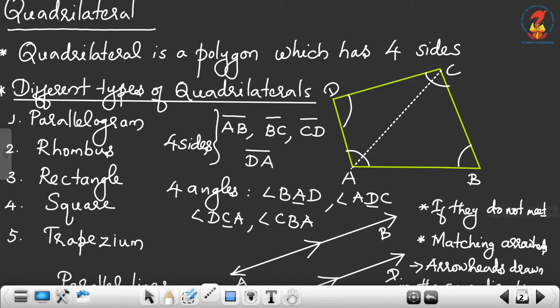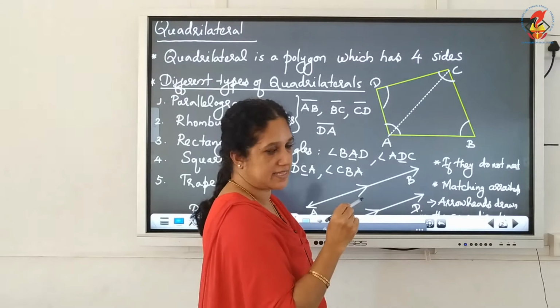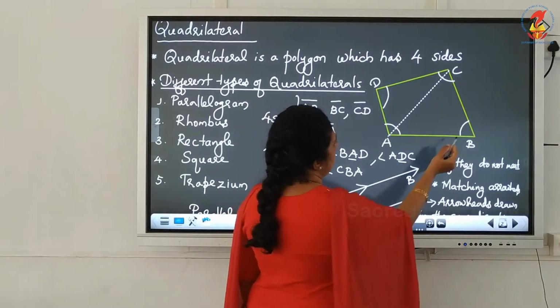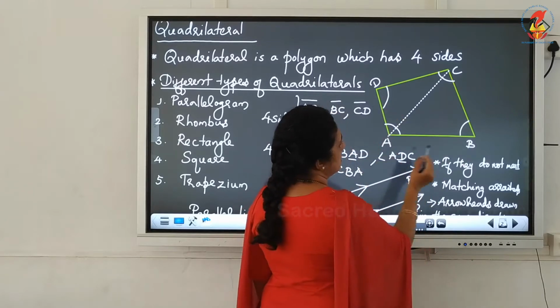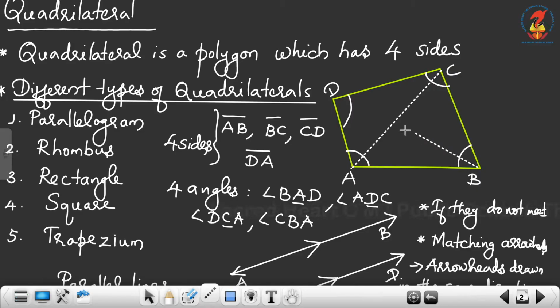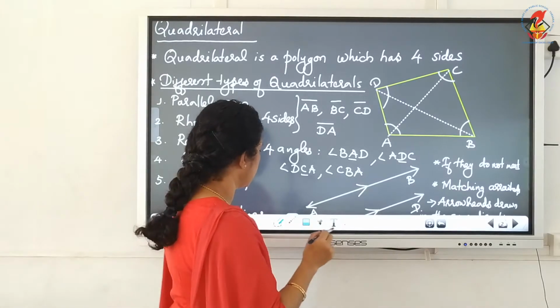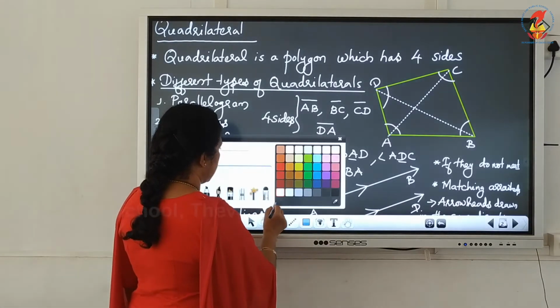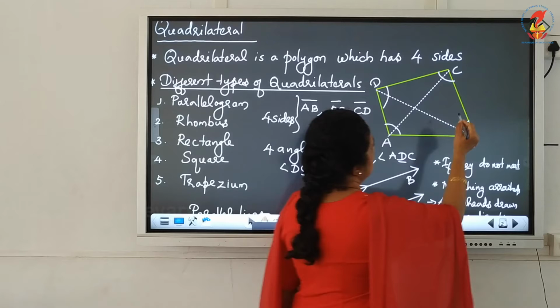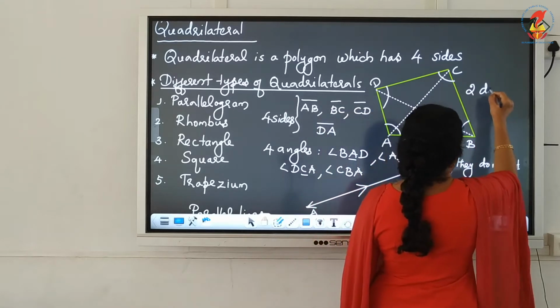What is the name of the diagonal? Diagonal AC. And B and D are also opposite vertices. When you join them, we will get another diagonal. The name of the diagonal is BD. So a quadrilateral has 2 diagonals.